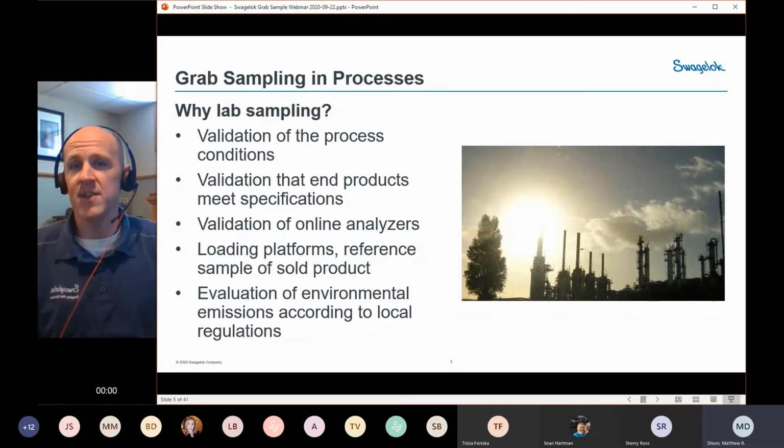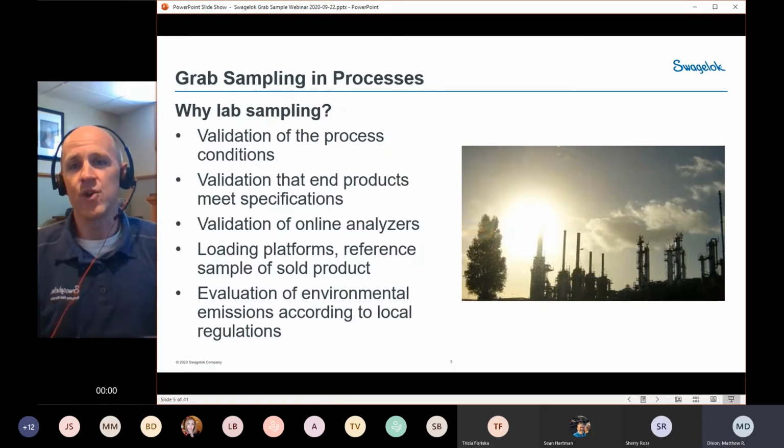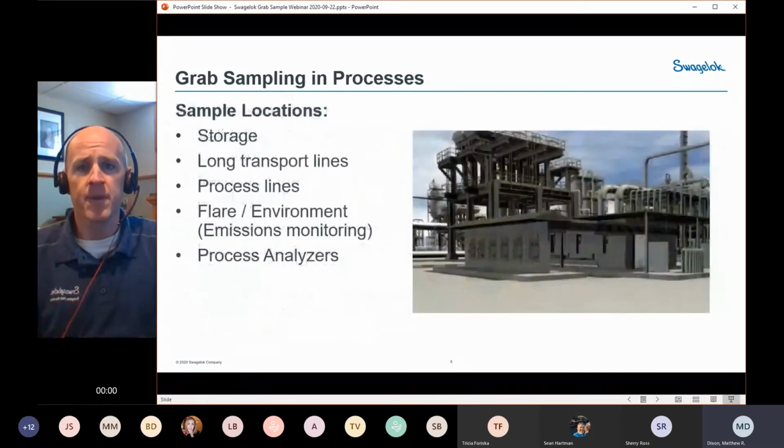But then also testing the product, for example, testing the mercury content in gasoline, just to make sure that when that product is used later on, it's not going to be contributing negatively to the environment. So lots of different reasons why you might use grab sampling.